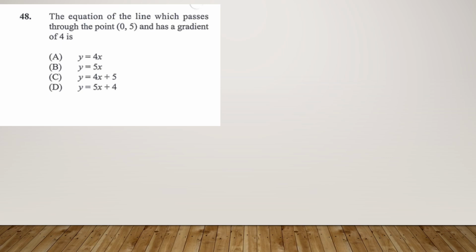The equation of the line which passes through the point (0, 5) and has a gradient of 4 is, so remember the equation of the line, y equals mx plus c. So we know our coordinates (0, 5), and m is 4.